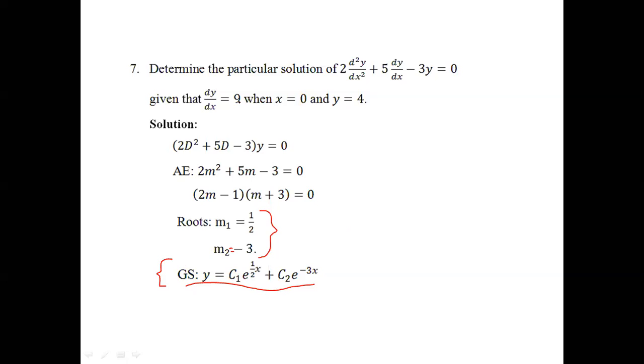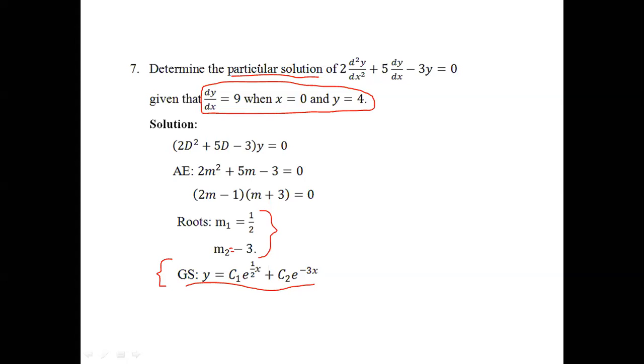But then the question further goes to giving us conditions. Yeah, we are given these side conditions. And the question also says particular solution.